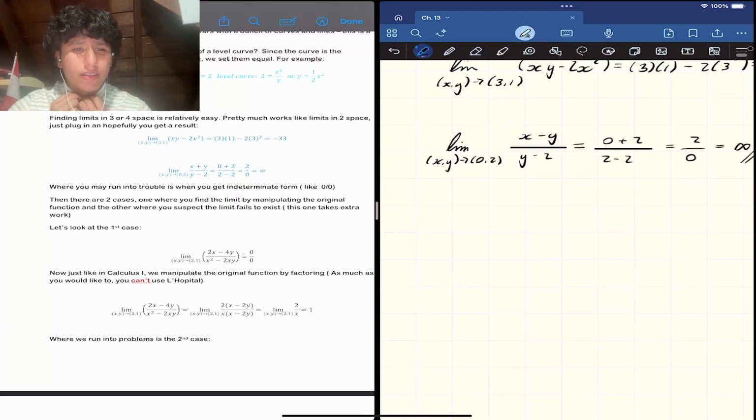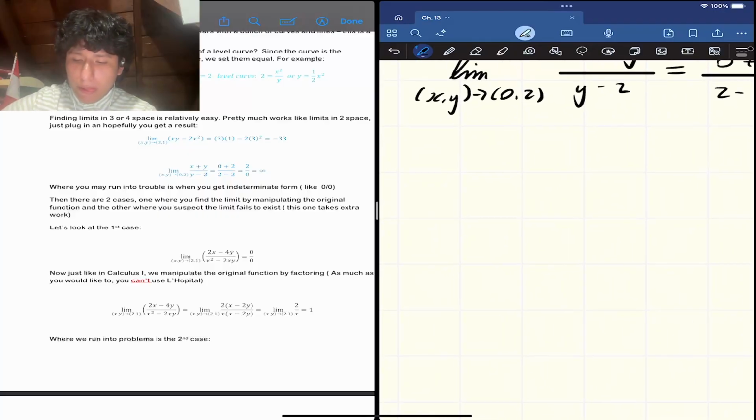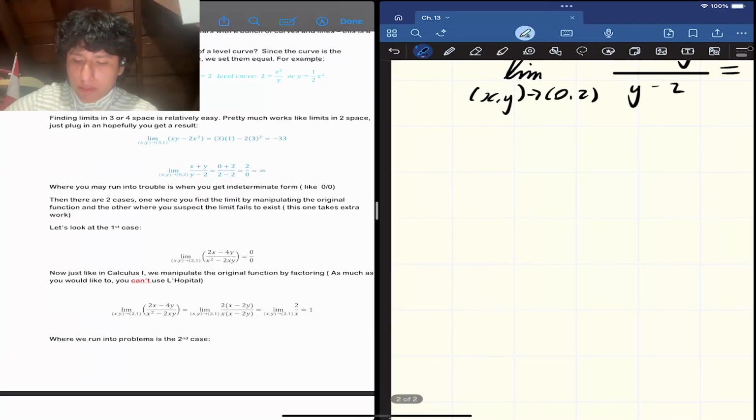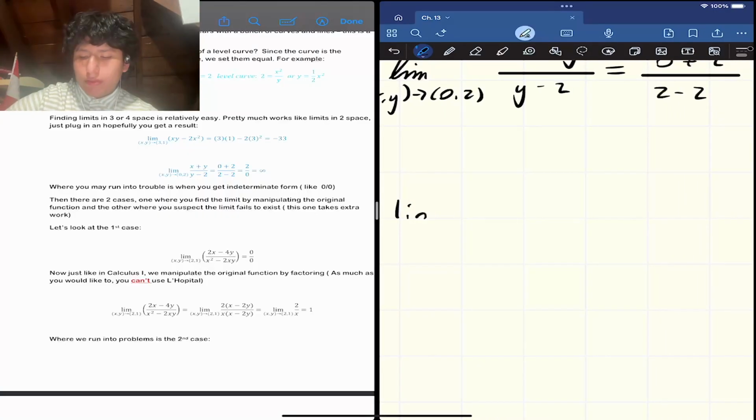So in this one, we get an indeterminate form again, 0 over 0. Let's make this the indeterminate form.